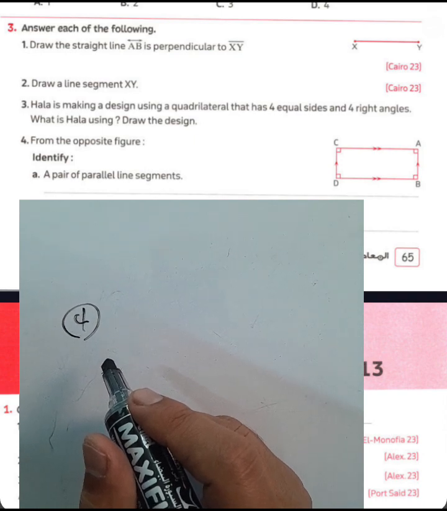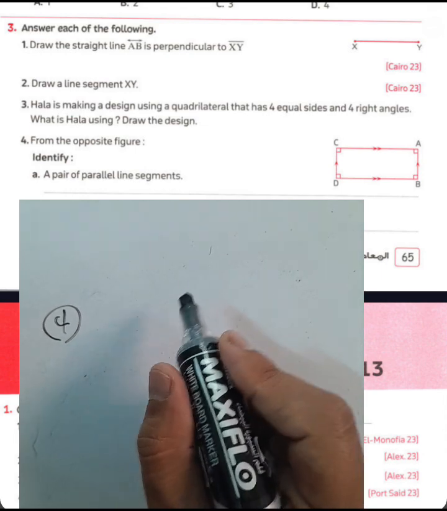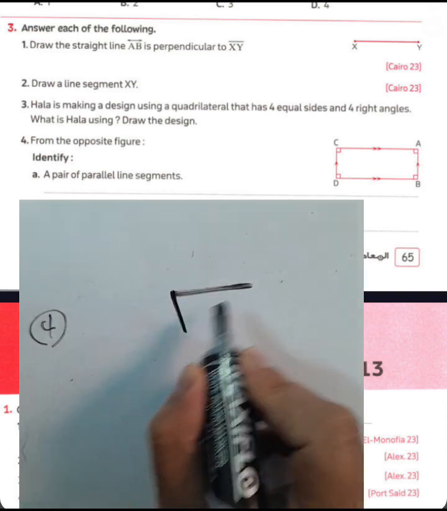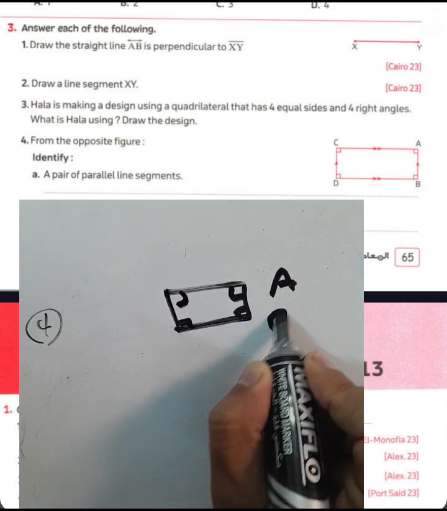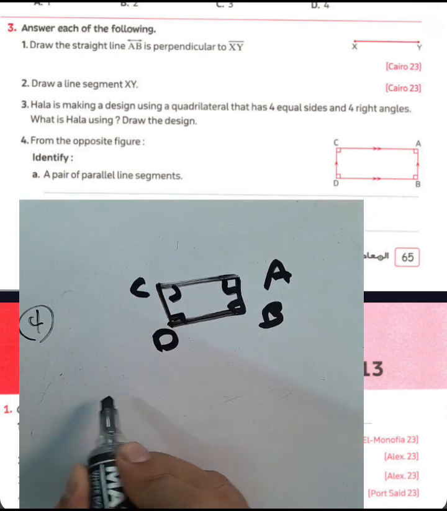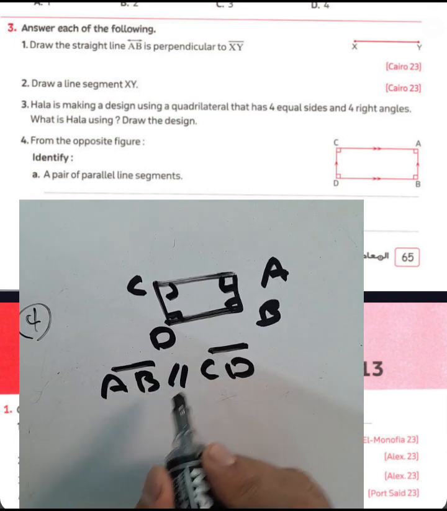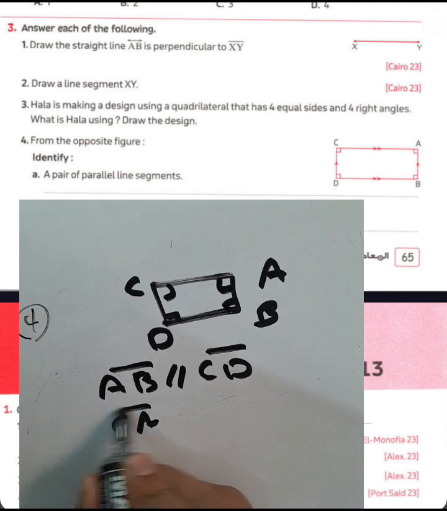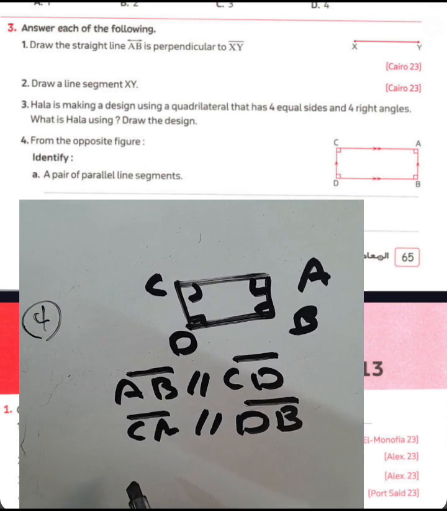We have a rectangle and the pair of parallel line segments. Each pair of sides are equal in length, and the parallel sides in this rectangle A, B, D, and C: we have AB parallel to CD and CA parallel to DB.